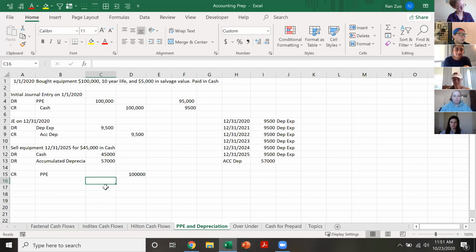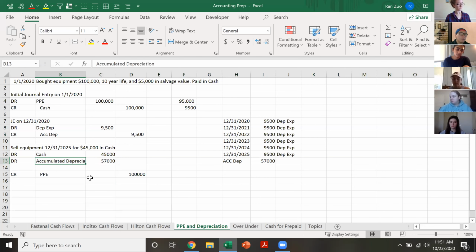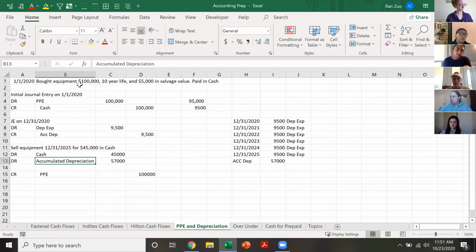Just, I was under the impression that accumulated depreciation was a permanent account. So I didn't think permanent accounts really got closed. You mean this here? Yeah. This account is not being closed. We're closing out this equipment specifically. This is not the only accumulated depreciation in this company, right?